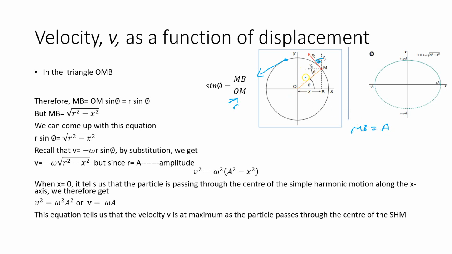This side is R. This side is X. This side, as we said, is A, the amplitude. So Pythagoras theorem tells us that R squared is equal to X squared plus A squared.